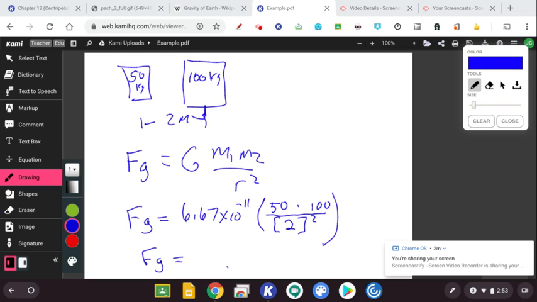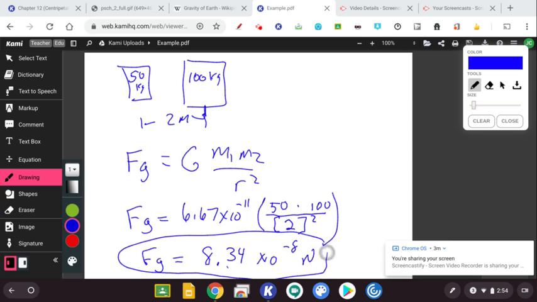So we plug all that into our calculator. We end up with a gravity of, in this particular problem, 8.34 times 10 to the negative 8th, and this is newtons. So this is the force of gravity between these objects. Now, the acceleration that each one of them experiences is going to be a little bit different.